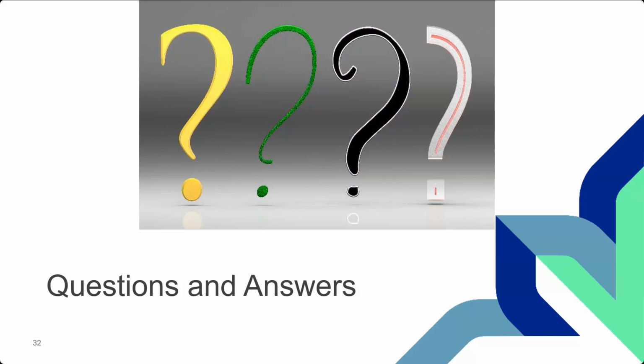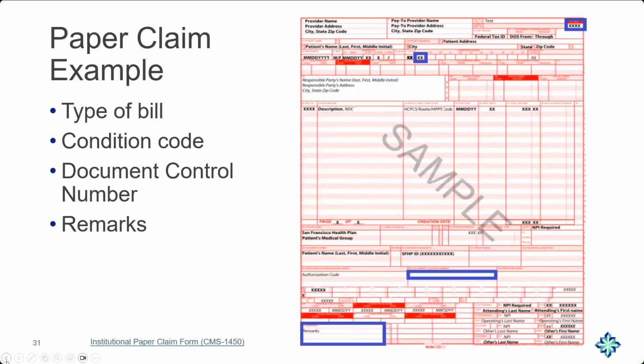Sure. If there's an X or any of those other indicators, let me think here. I'm going to go back within the presentation to see if I can find that.